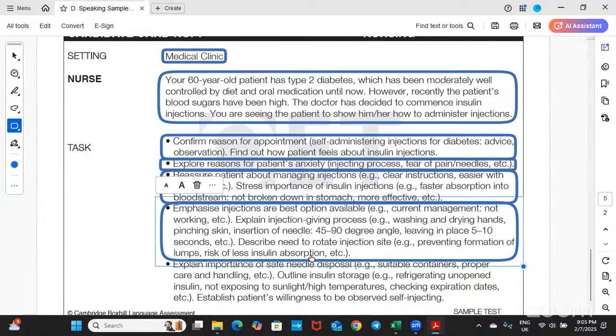So you have to rotate it, better in a clockwise direction. Start with your left shoulder, left thigh, right shoulder, and then the area around the belly button.